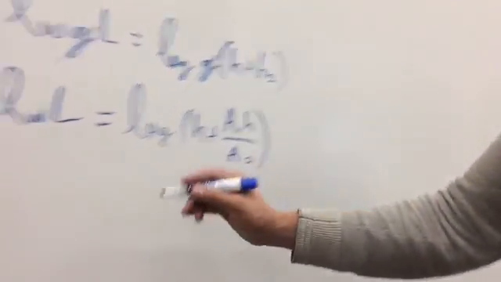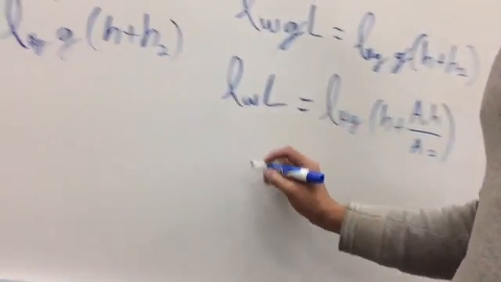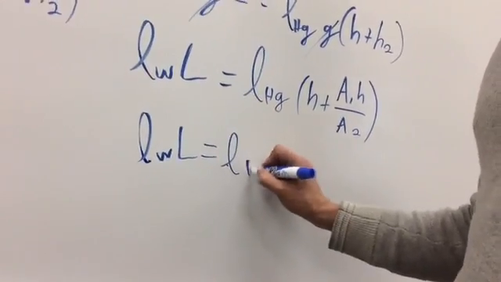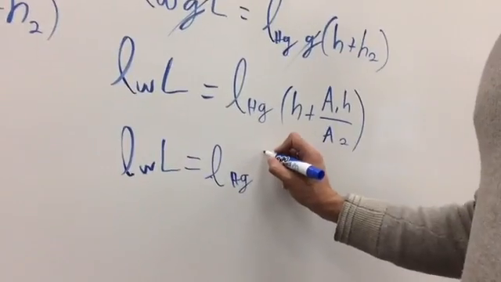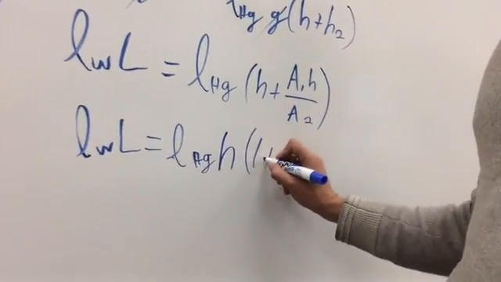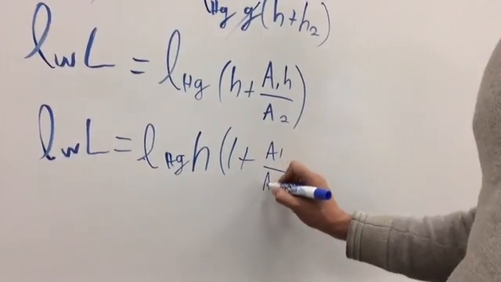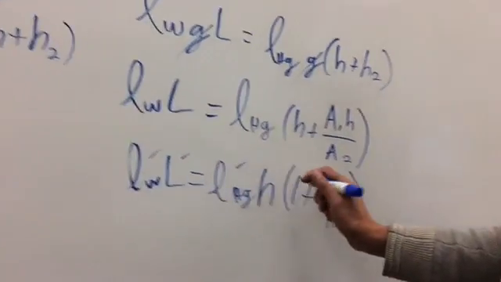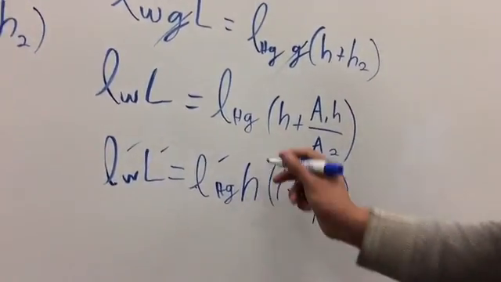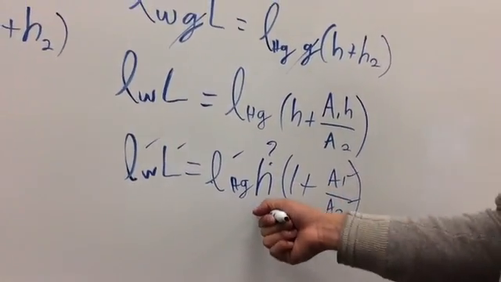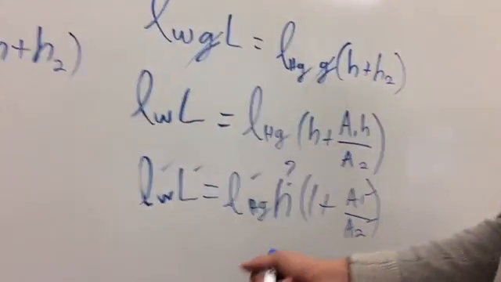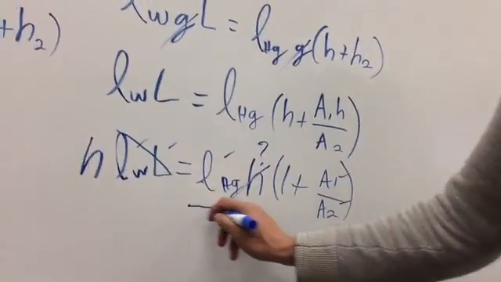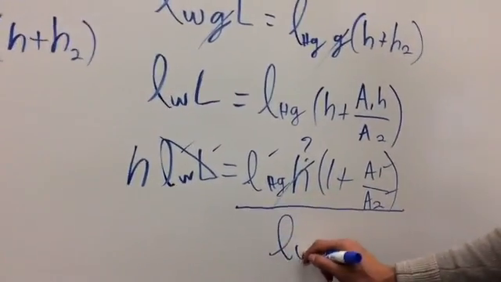Then from this part we can take out the H and write that the density of water times the length is equal to the density of the mercury times H times 1 plus A1 over A2. Okay. Now we have this value and these two values, so we have to isolate H, and these two values go right here below. Okay?